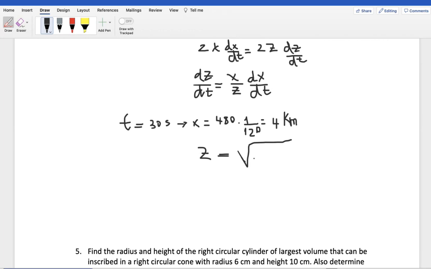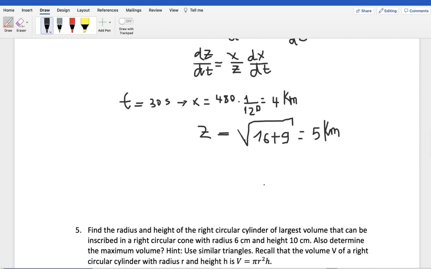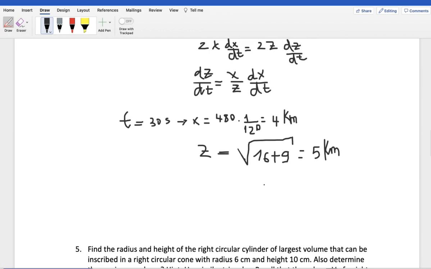X is 4, so that's 16, plus y squared, which is 3, so that's 9. 16 plus 9 is 25, so the square root of 25 is 5 kilometers, right? So we have x, we have z.